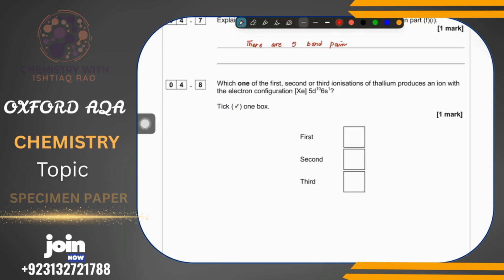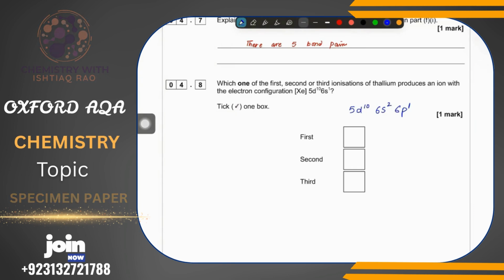Okay. Thallium has an atomic number of 81. Basically, its original configuration is 5d10, 6s2, and 6p1.